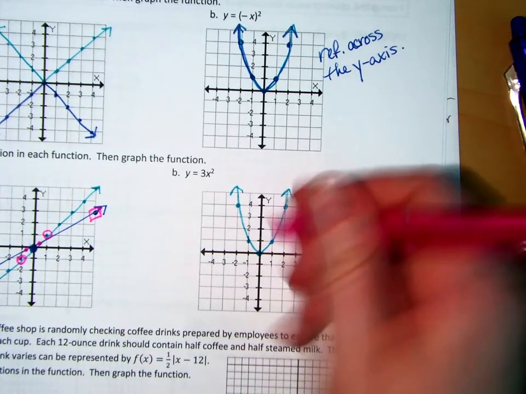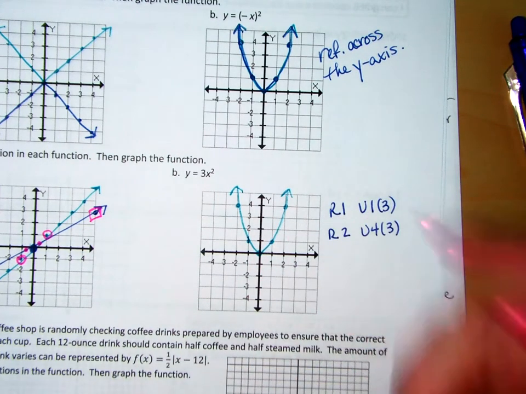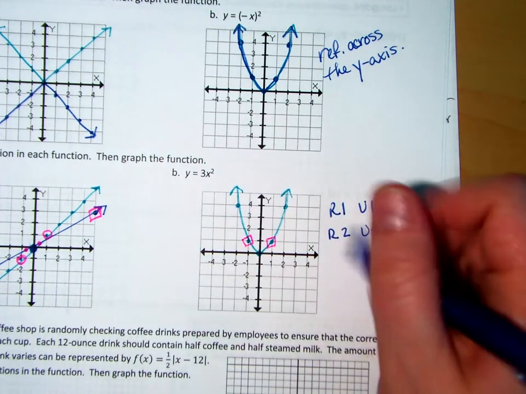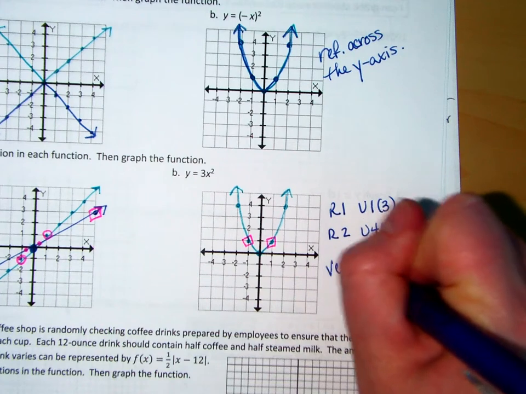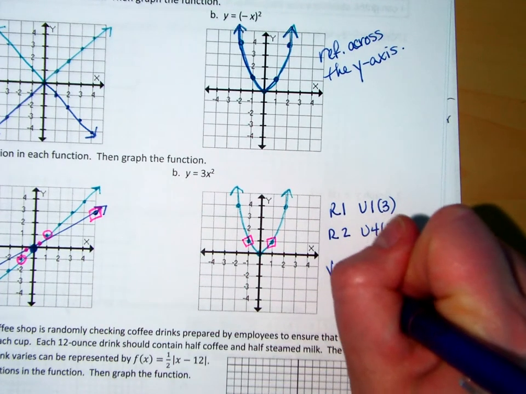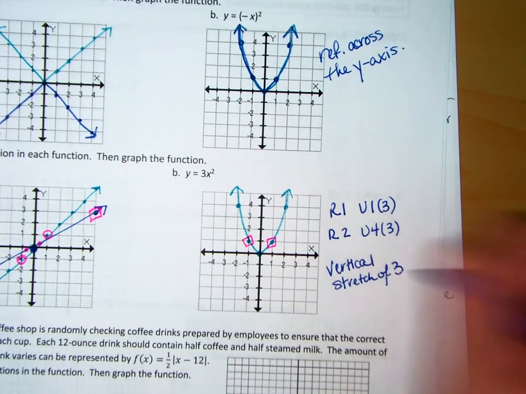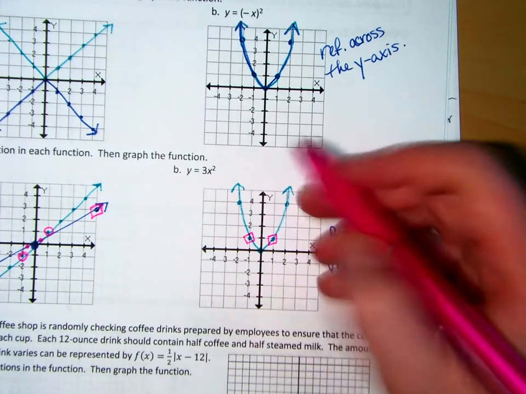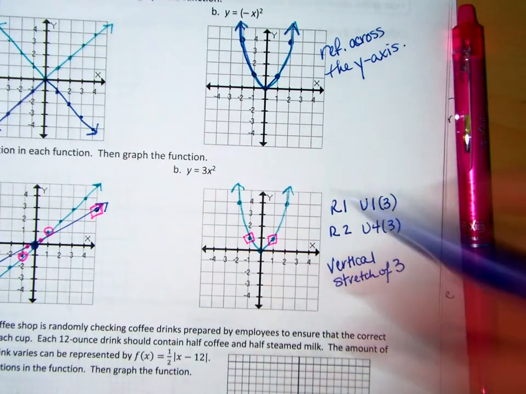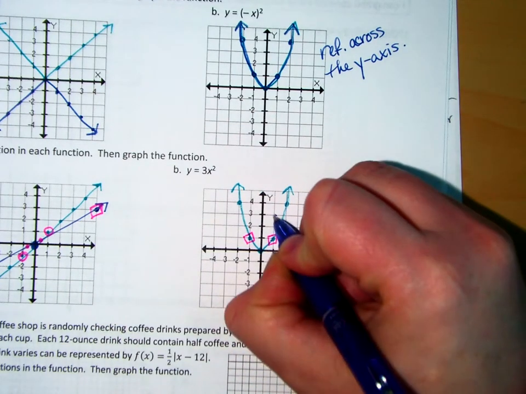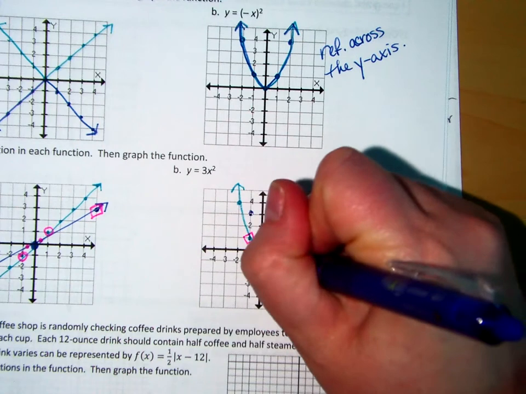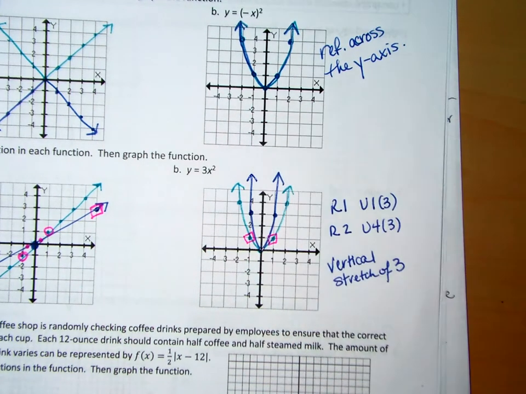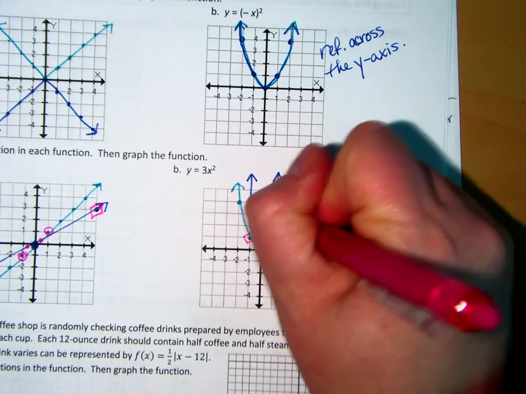So this first point here gets stretched even more. This has a vertical stretch of 3. So instead of moving right 1, up 1, I'm going to move right 1, up 3, and I get a long skinny graph. So the pink points are actually now these points.